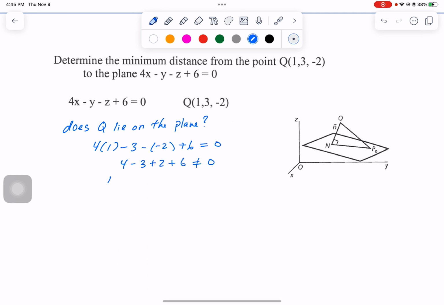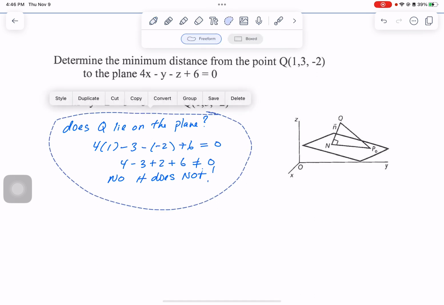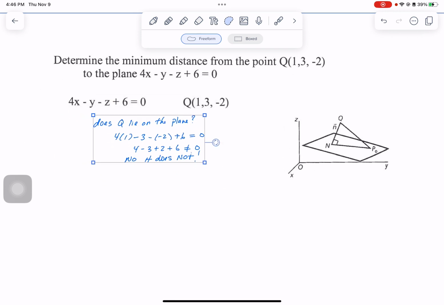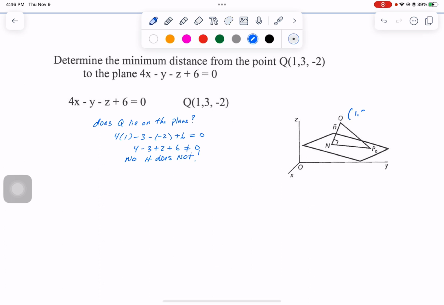So no, it does not. So that's convenient. There is a distance between the two that is not 0. Not a good thing or a bad thing, it's just a thing. So here's Q. Q's out here. Look how cute Q is sitting out here in the space.